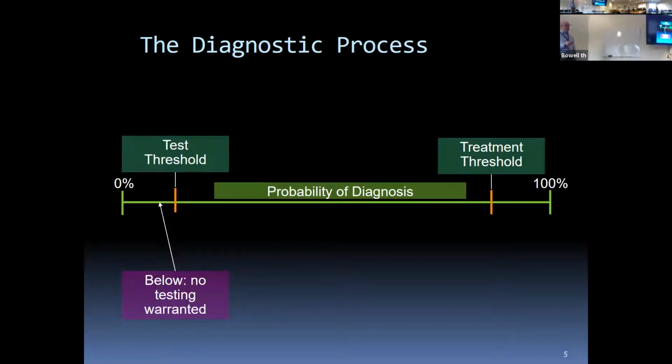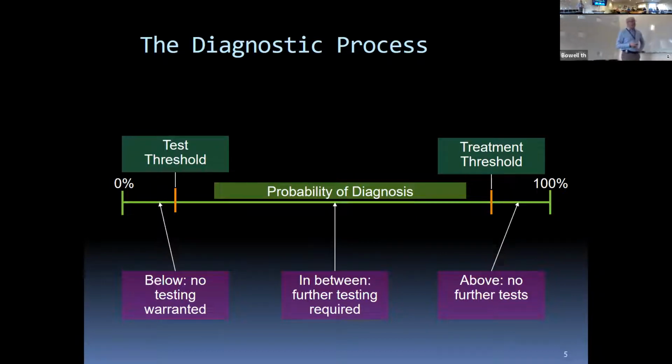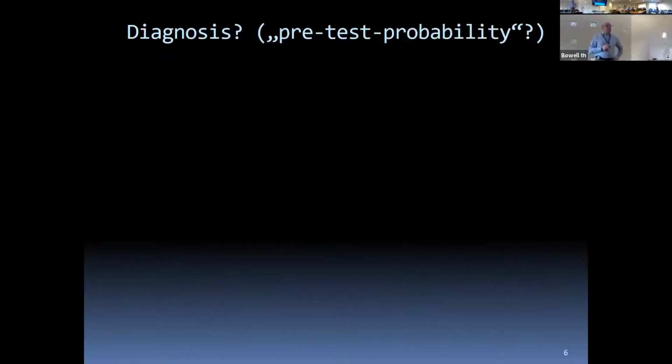If it's completely unlikely, we should not run tests either. So there's this middle ground where we really should be running the tests and thinking about whether the test helps us in making a diagnosis and, in the end, helps the patient, right?